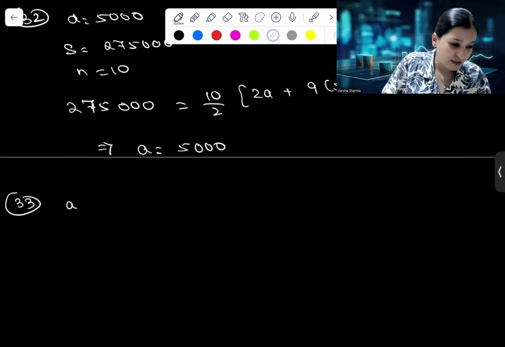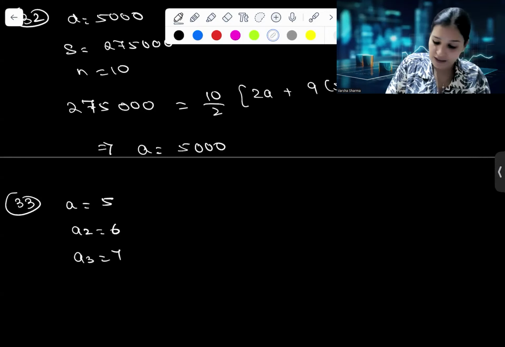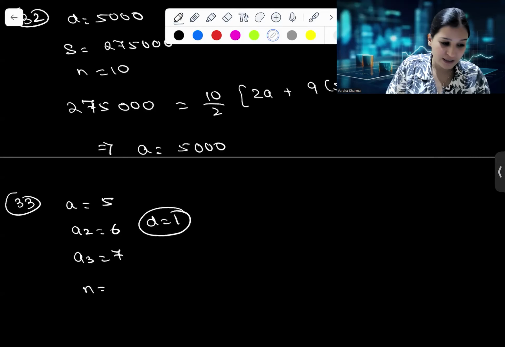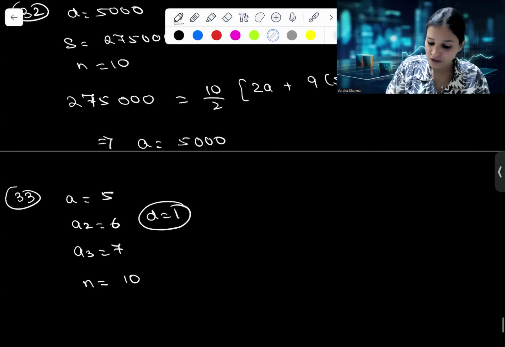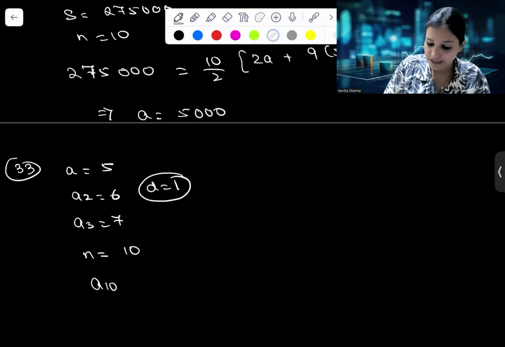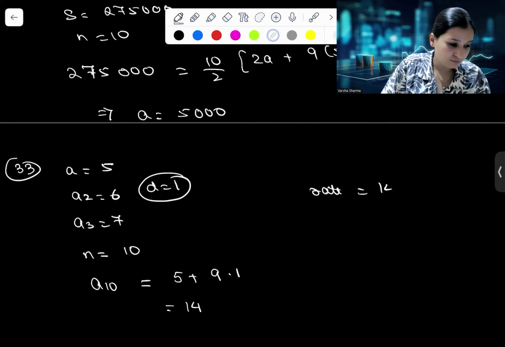In the first year, the interest was 5, then in the second year it is 6, in the third year it is 7. So basically, common difference is 1. Number of years is 10. So first, let us find out A10. A plus 10 minus 1 into D. So the rate would be 14%. Yes or no? Yes, ma'am.